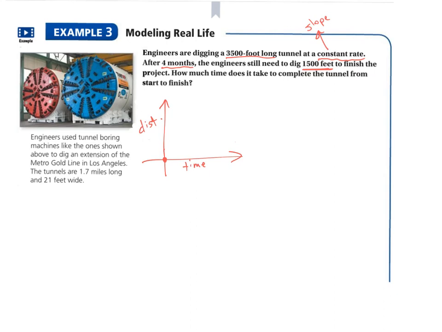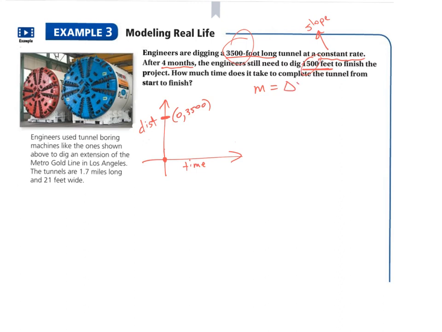So we might even say that y is the distance left. This would be 3,500, and it's the point (0, 3,500). Or another way to look at this is, what was the change between 3,500 and 1,500?